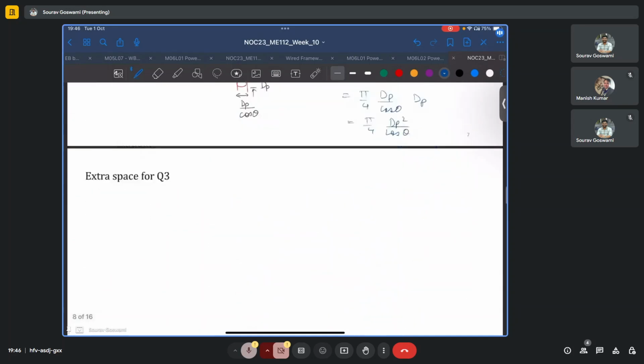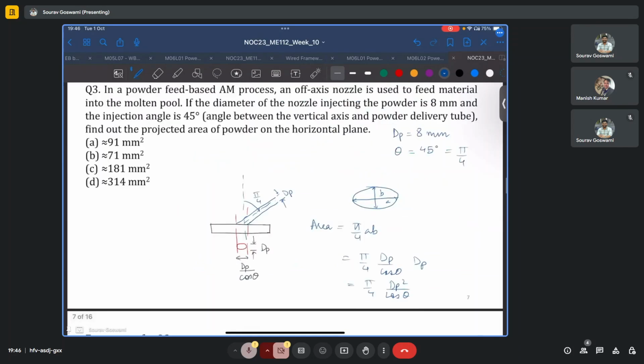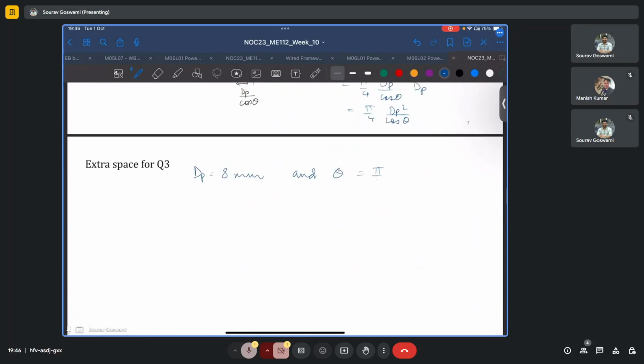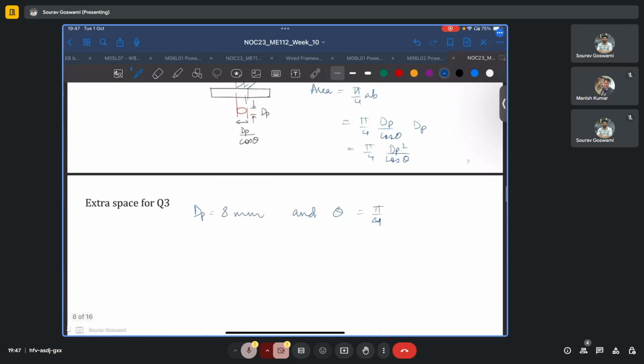So we'll just compute the values for this scenario. Here dp is 8 mm and theta is given to us as pi by 4. If you plug it into this expression, AP, or the area of the projected powder stream, is pi by 4 times dp square by cos theta, which is equal to pi by 4 times 8 square by cos of pi by 4.